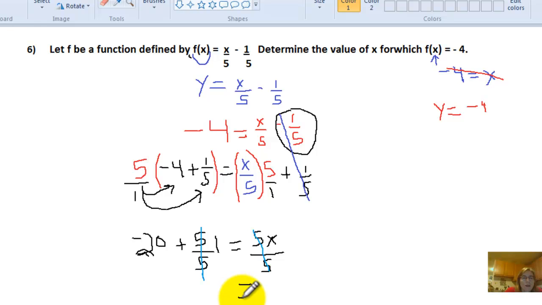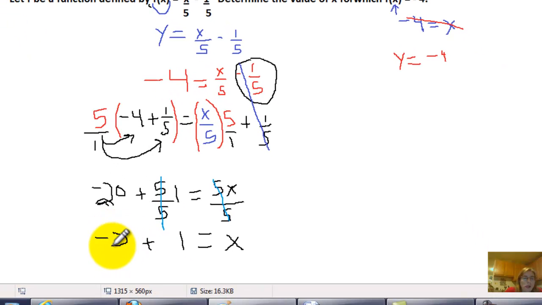So we have x, we have a 1, plus negative 20. Negative 20 plus 1, find the difference, which is 19, and the larger number 20 has a negative integer on it, so we have negative 19 equals x.